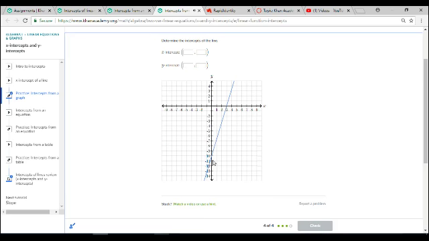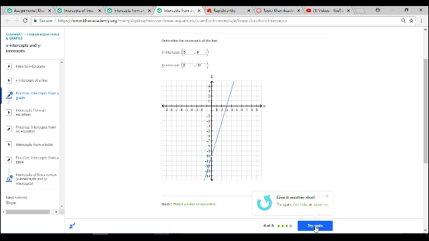Here the x-intercept is going to be 3, 0. And the y-intercept is going to be 0, negative 11. Oh, here's an issue. You can't be sloppy because if you notice it intersects at negative 10.